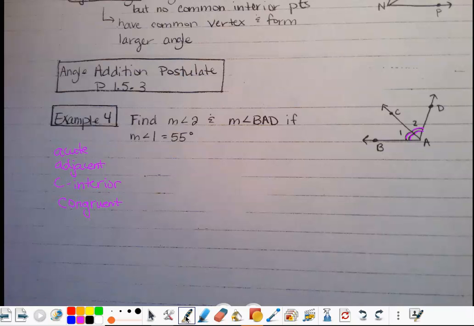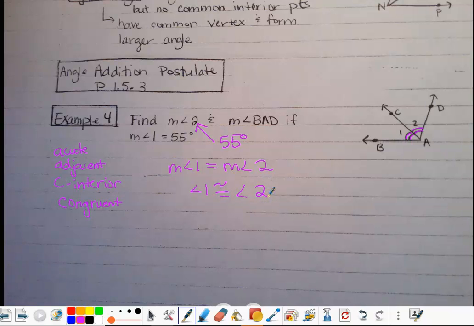All right. So the measure of angle 1 is 55 degrees, but we also know that the measure of angle 2 is also 55 degrees because they're congruent. So the measure of angle 1 is equal to the measure of angle 2, and we could say angle 1 is congruent to angle 2.